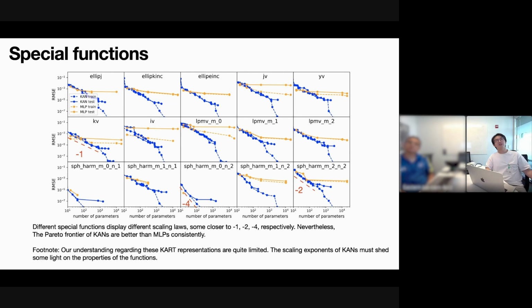The way to read these figures: the x-axis is the number of parameters of the model, and the y-axis is the loss, the RMSE, the square root of MSE. For either CANs or MLPs, we train thousands of models, put these models in these 2D planes, and we only show the Pareto frontier. Here we want the Pareto frontier to be bottom left. The more bottom, the more left, the better. So you can see that the blue Pareto frontier is to the bottom left of the orange lines, which represent the MLPs.